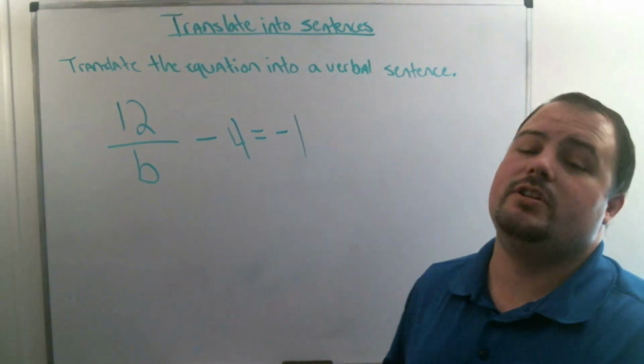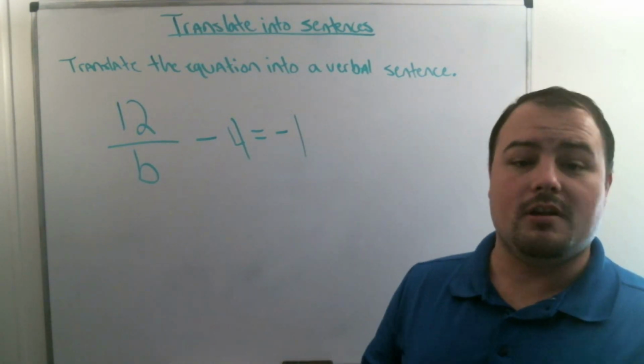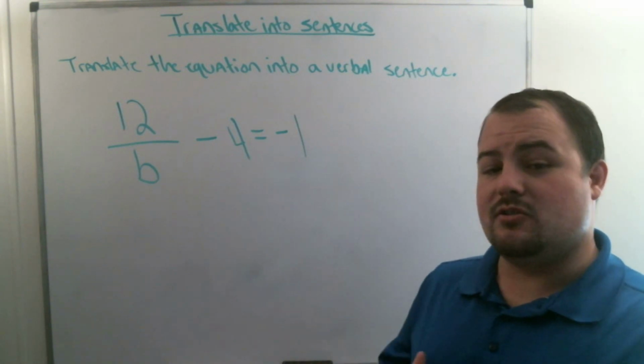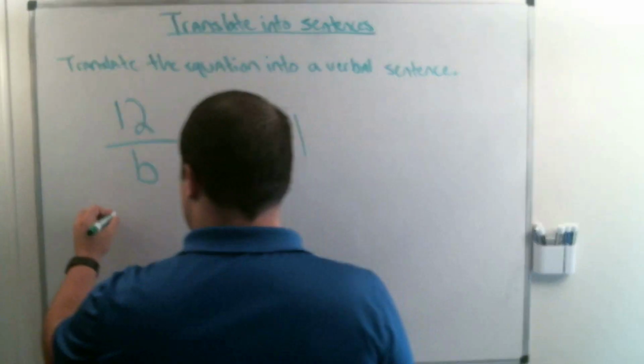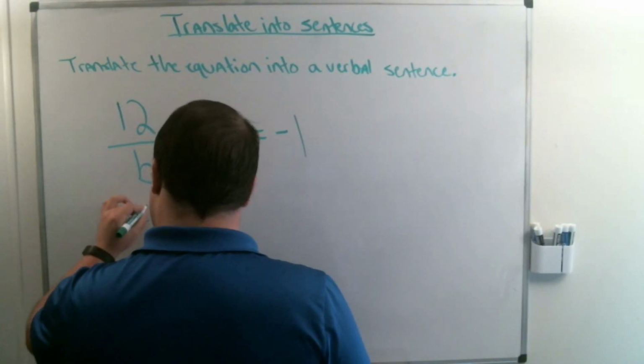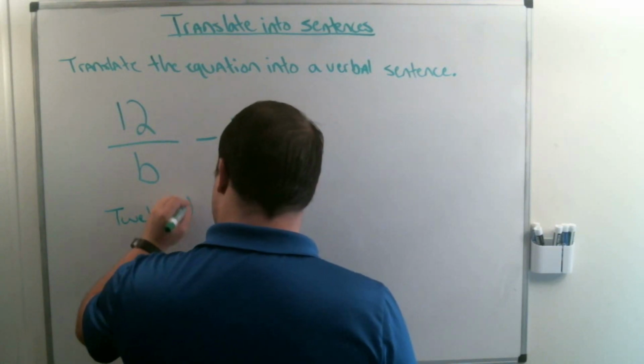So in this problem, I have a division problem happening that has a fraction, minus 4, equals negative 1. So again, we're still going to translate it into words, how we would say this phrase. So the first thing I see is 12 again. Well, this line right here means divided by.